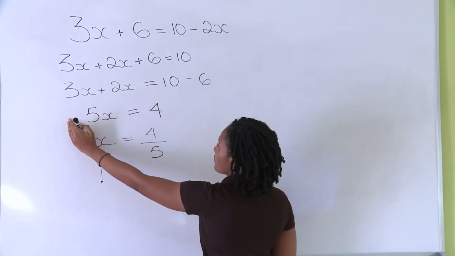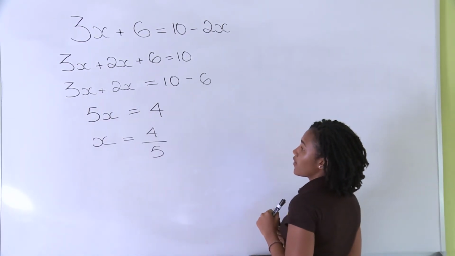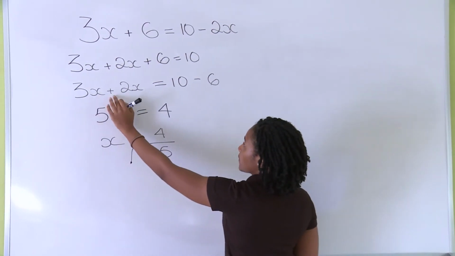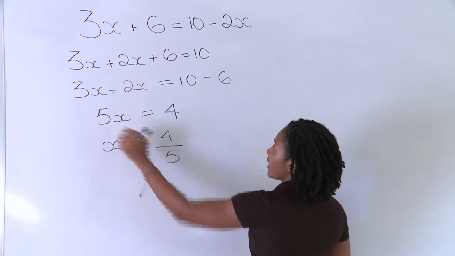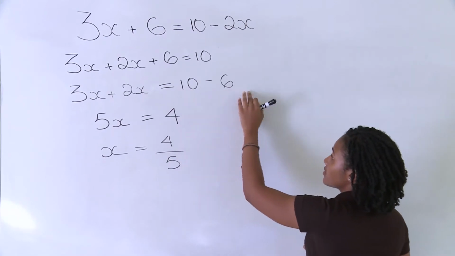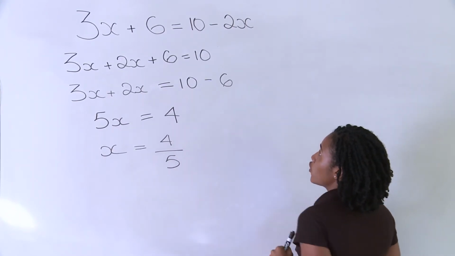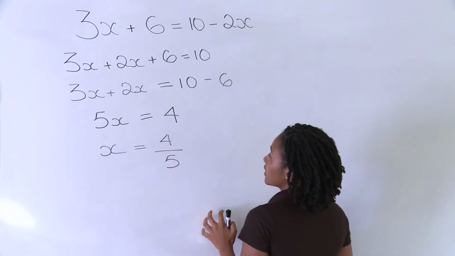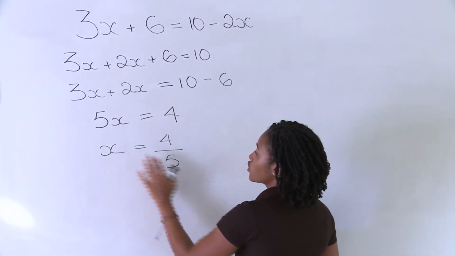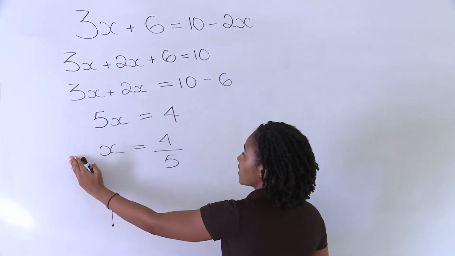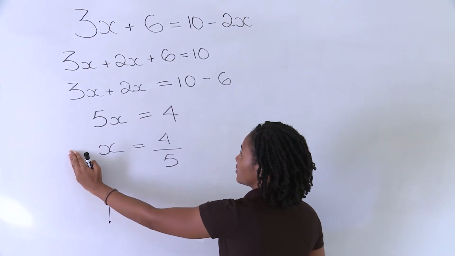Then, our next step is to simplify. So 3x plus 2x gives us 5x, and 10 minus 6 gives us 4. Remember that ultimately we want to solve for x. So x would be to the left-hand side of our equation as our subject, right?